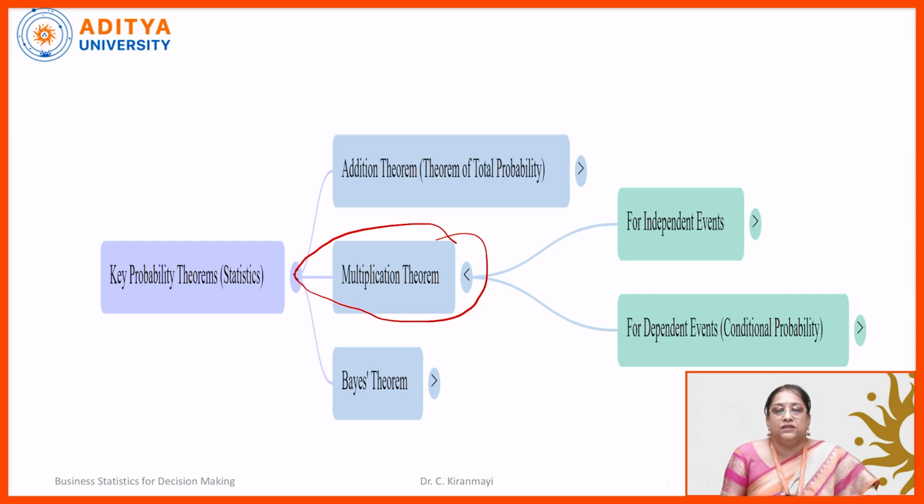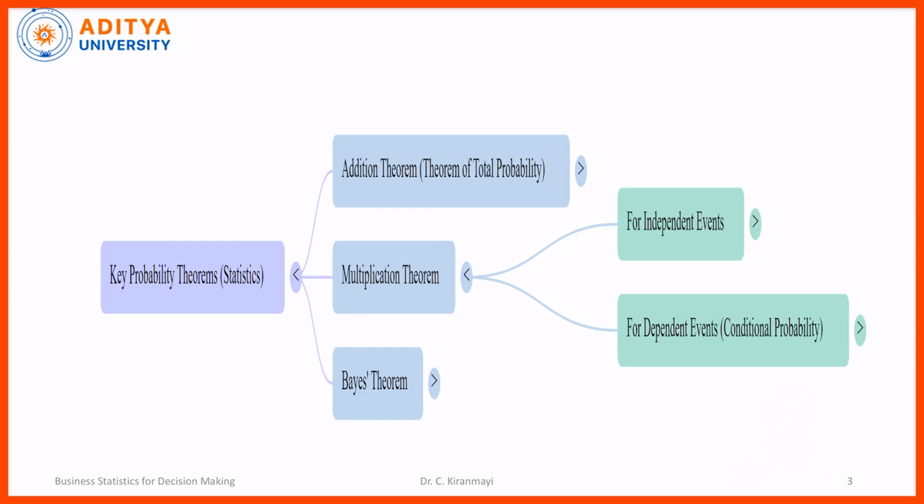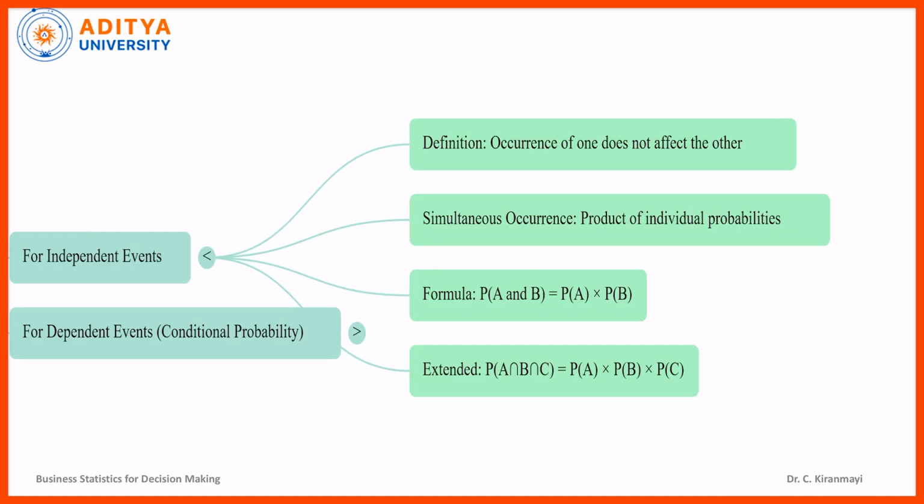When there is such a classification, then we need to use the multiplication theorem of probability. The theorem consists of two cases: case 1 is in case of independent events, and case 2 is in case of dependent events.